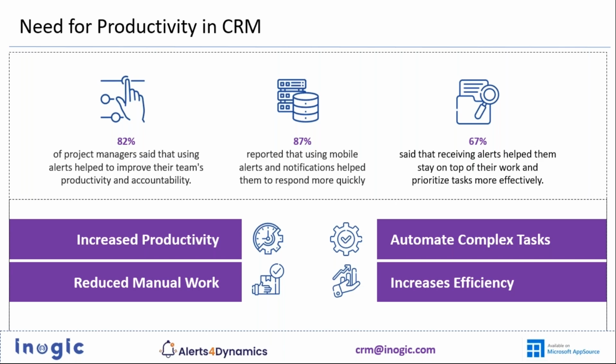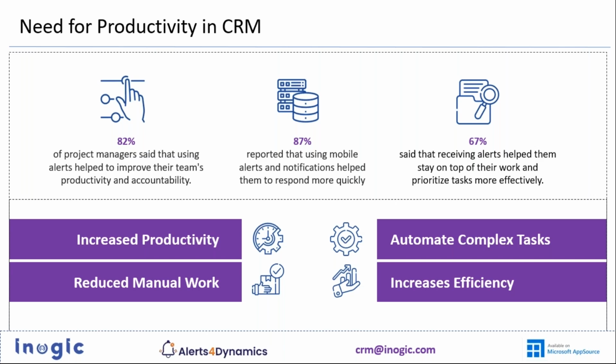Receiving alerts on a mobile phone helps the user schedule their work on top of priority tasks more effectively. And 87% reported that using mobile alerts helps them to respond more quickly. So all of this can really increase their productivity.